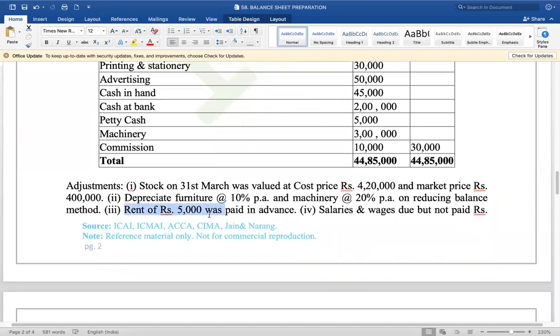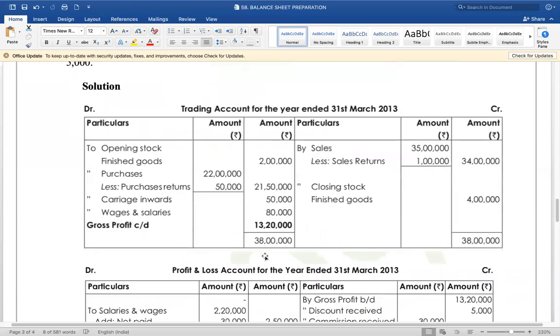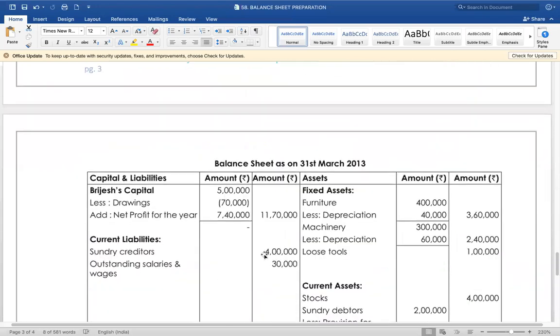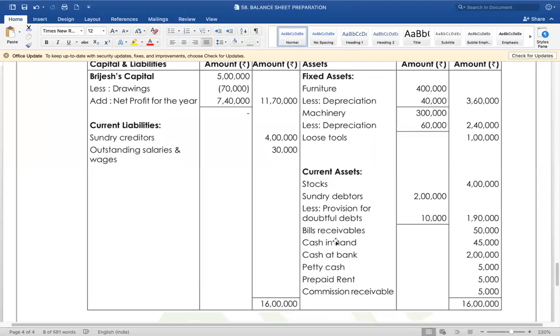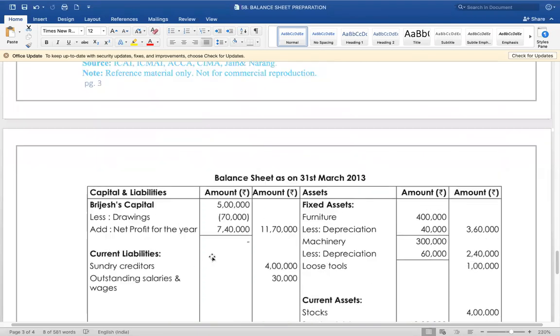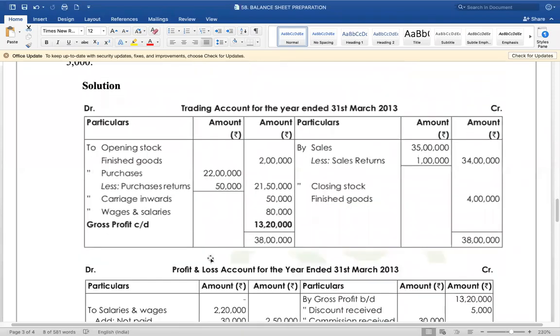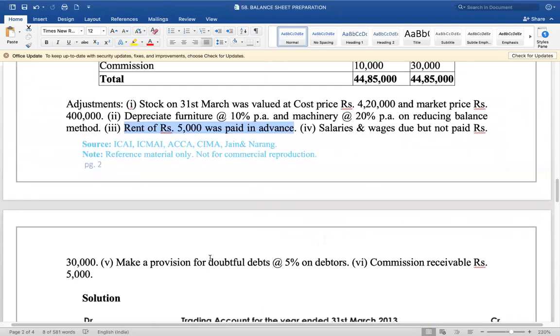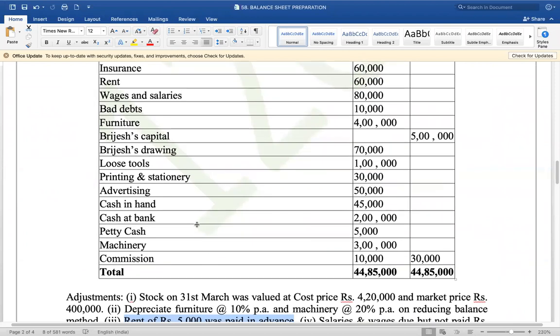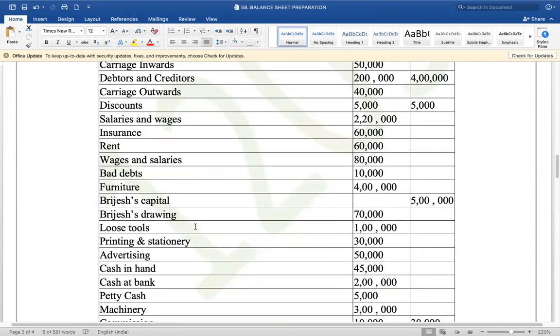Rent 5,000 was paid in advance. What belongs to us but is given to others is an asset, right? What is that? Rent paid in advance, 5,000. It's an asset. Rent paid in advance is an asset. Sir, rent will be written in the profit and loss account also, right?